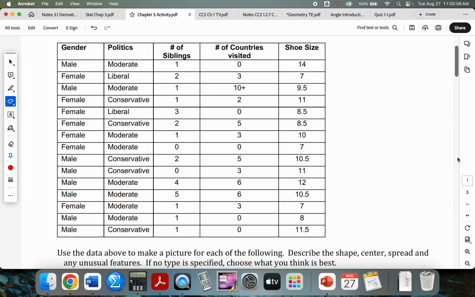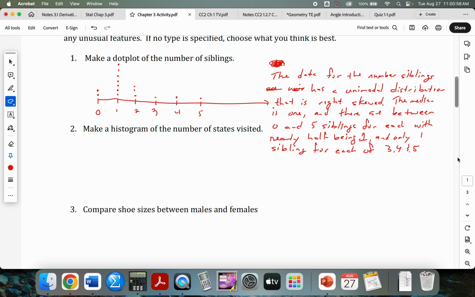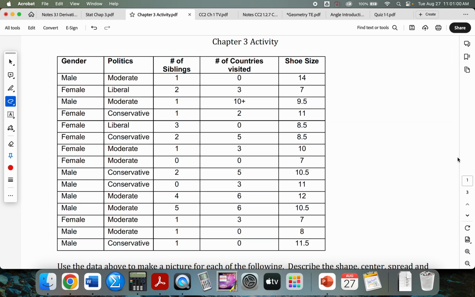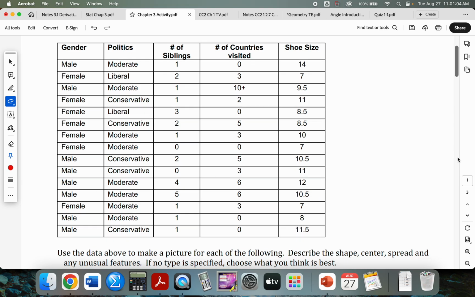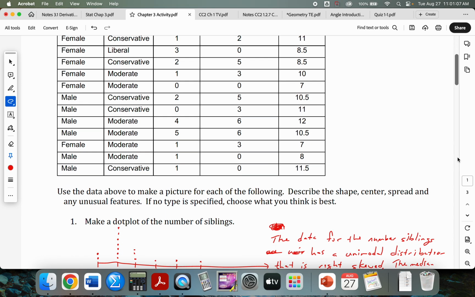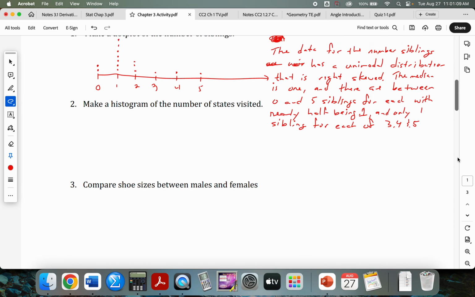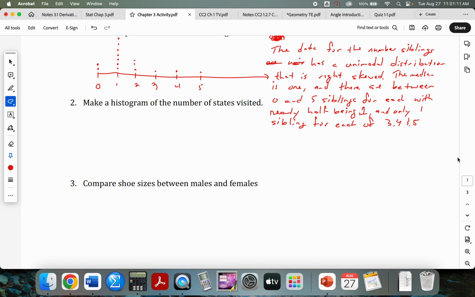A histogram of the number of states visited. Let's see, the number of countries visited. I put states. And that went from 0 to 10. This is going to be an interesting histogram. So this will be number of states visited.